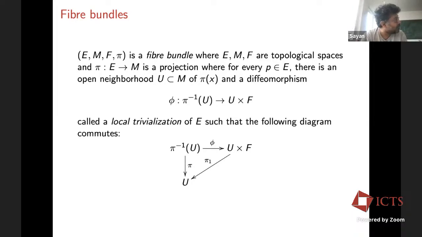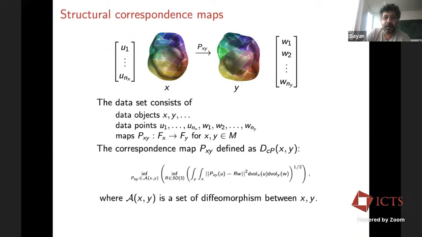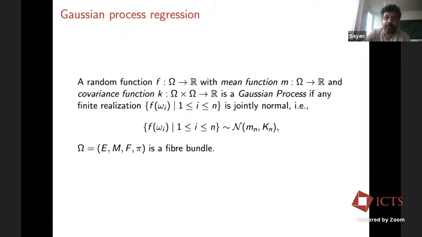Algebraically, when things commute, statistically you can transform that into conditional independence. So let's say these are my two molars. I can try to learn a correspondence map between them, a set of diffeomorphisms between X and Y. That's my correspondence map.